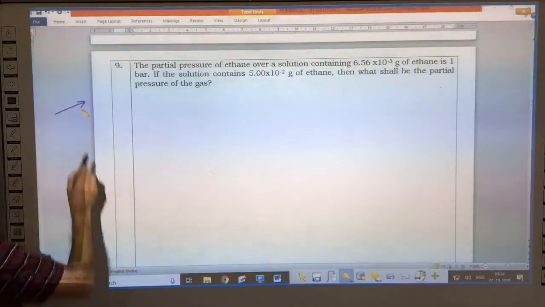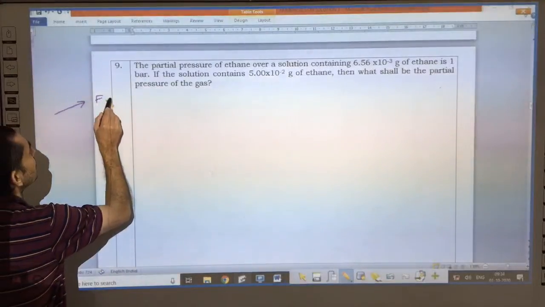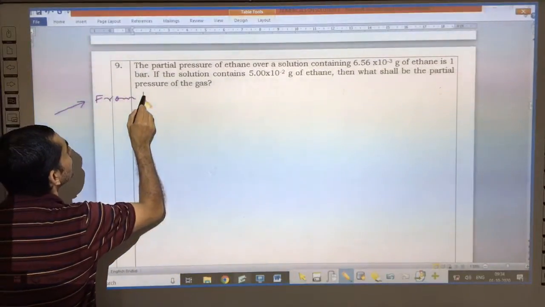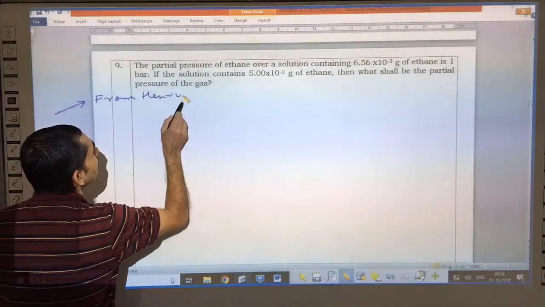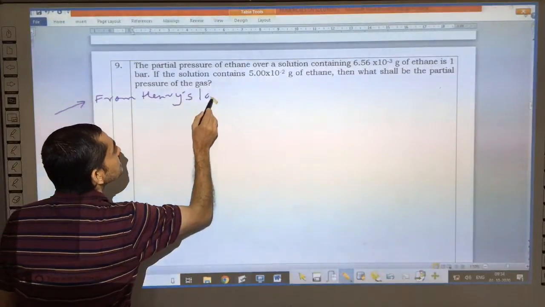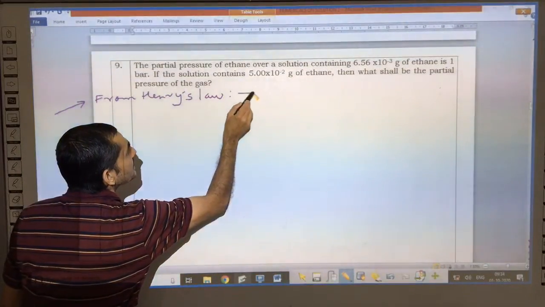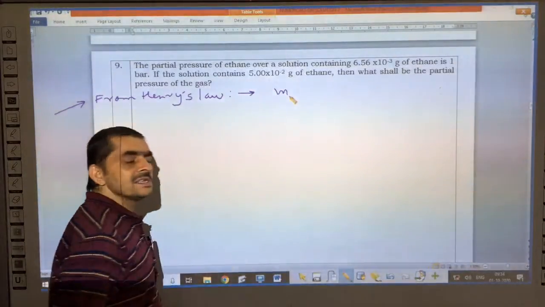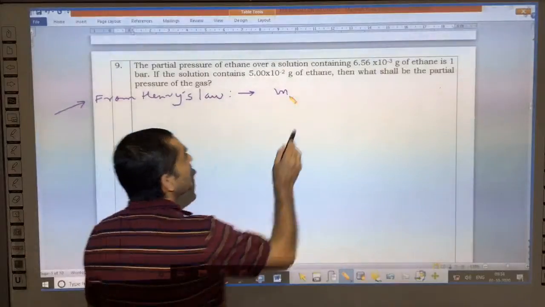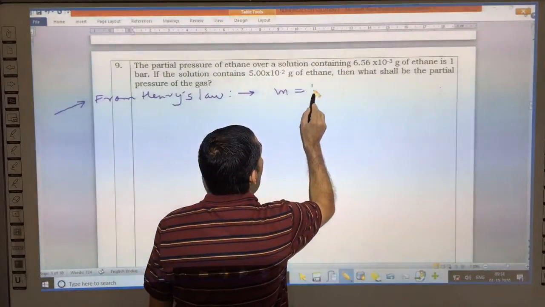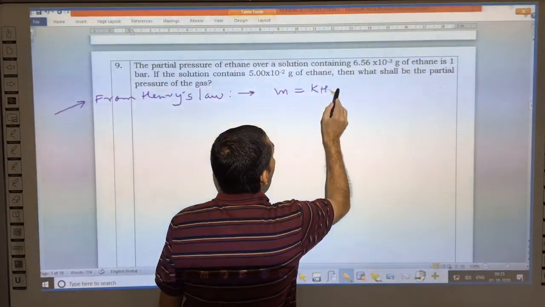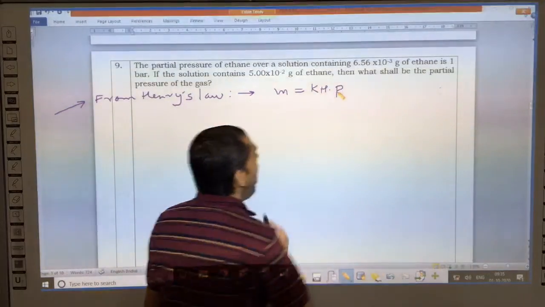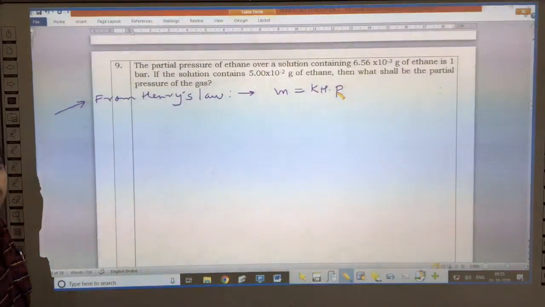You know Henry's law. What is Henry's law? You are familiar with it. The mass of a gas dissolved in a liquid is directly proportional to the pressure applied by the gas over the surface of the liquid. This is Henry's law.